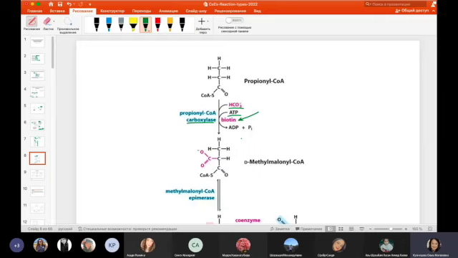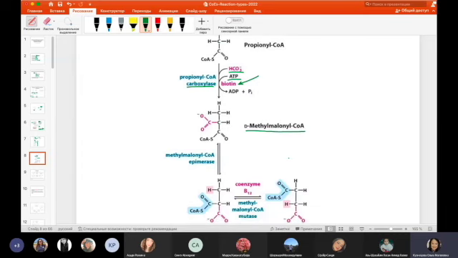ATP is used to incorporate 1 carbon into the structure of propionyl-CoA to form methylmalonyl-CoA, the D form of methylmalonyl-CoA.